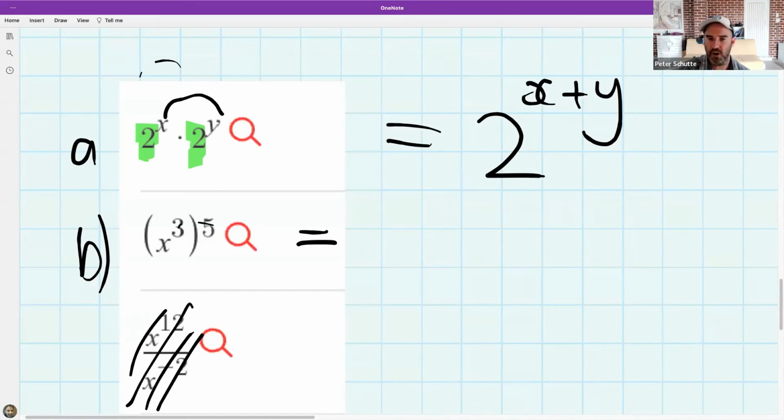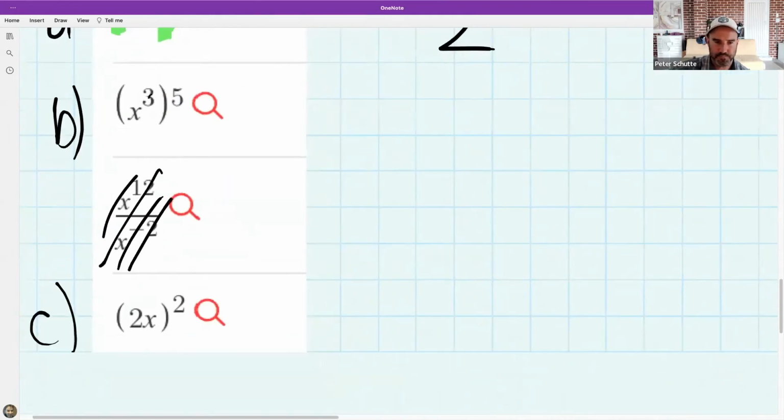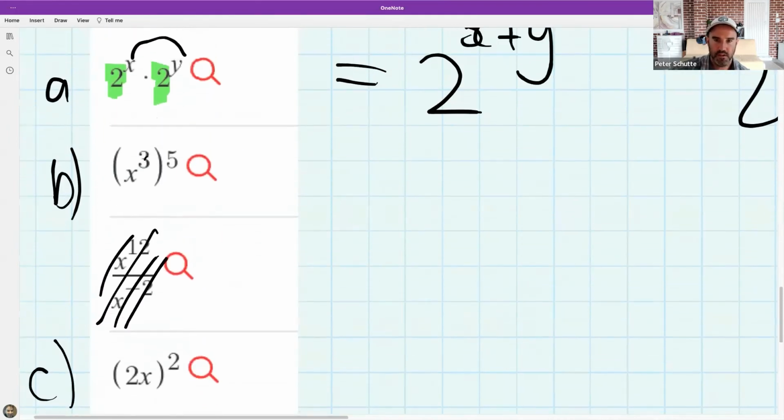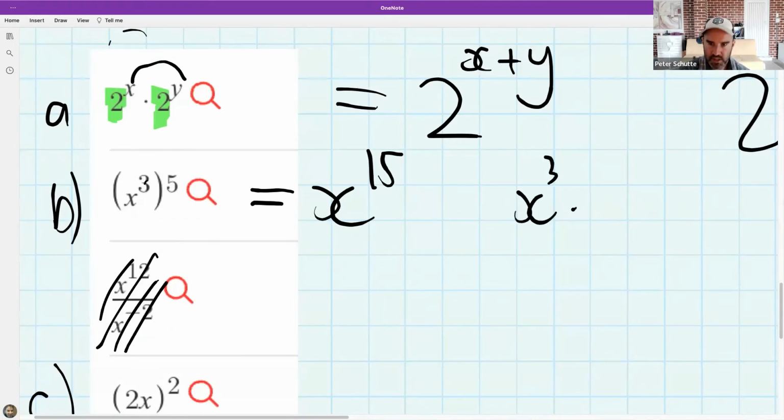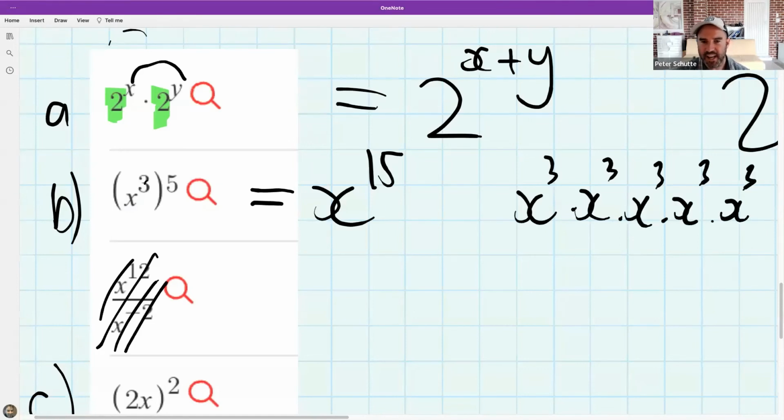Now, I haven't given the answer for the second one. Wait and see. So are you going to multiply the powers? In the second one, you're going to get x to the 15. The thing is, I really want you to be able to do it the long way if you have to. Can you see x to the power of 3 to the power of 5? That just means multiply x to the power of 3 5 times. So can you see why it has to be 15?